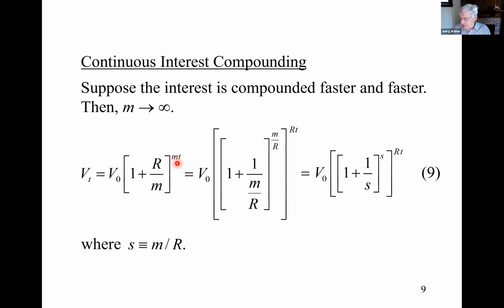The second step I did with this equality sign: r divided by m, I'm writing down as 1 divided by m divided by r. You know this from basic mathematics. You divide by a fraction by multiplying with its inverse. So here 1 should be multiplied with the inverse of m divided by r. So actually you get r divided by m.